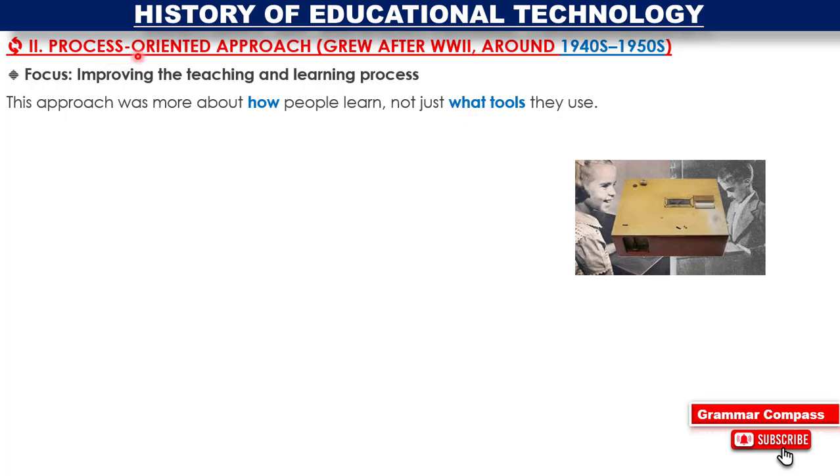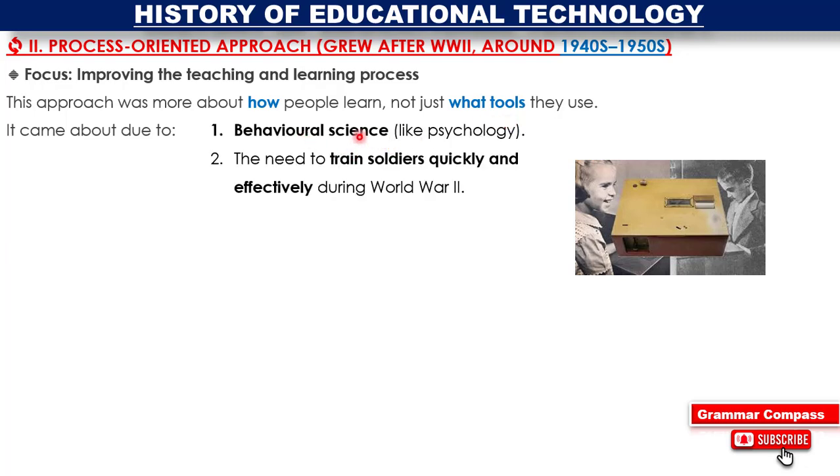So the process-oriented approach focused on the processes that are involved in teaching and learning and not just about the tools that are used. This process approach was borrowed from behavioral science and the need to train soldiers quickly and effectively during World War II. This brought about the process-oriented approach.